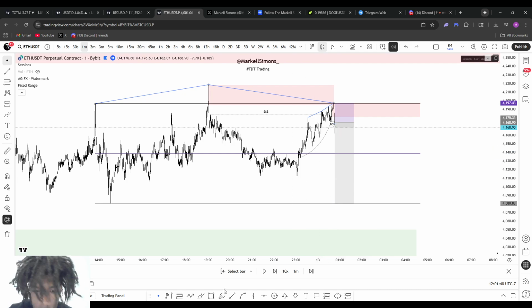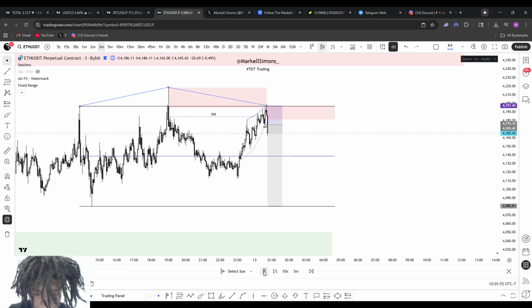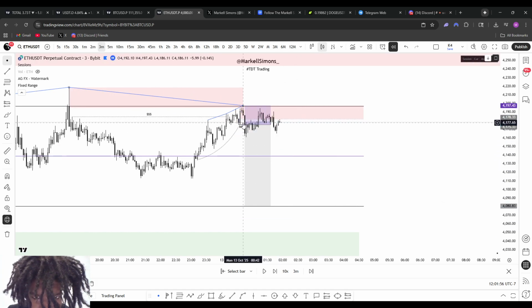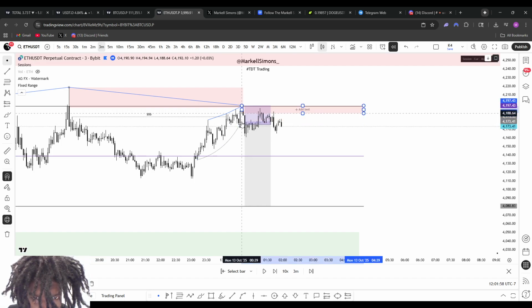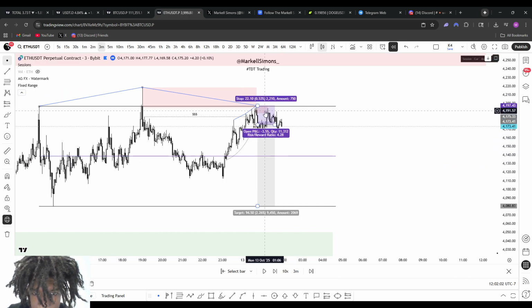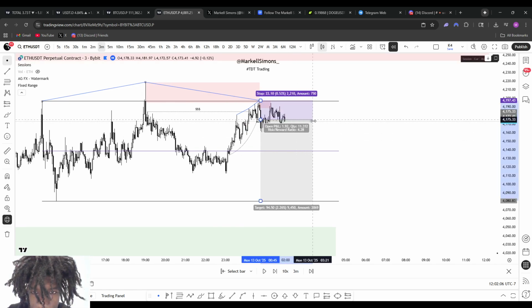And this is your setup, as y'all can see, ended up playing out flawlessly. We came back and we actually tapped into this 1 minute supply POI way up here. When I saw price respect this 1 minute supply and get the rotation down, I was more confident in this trade playing out.